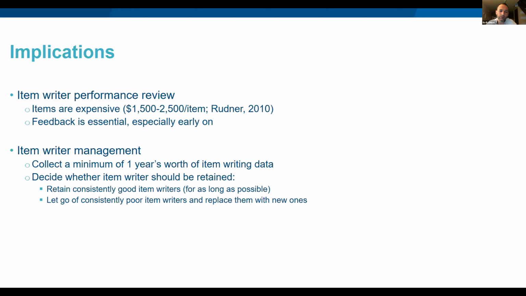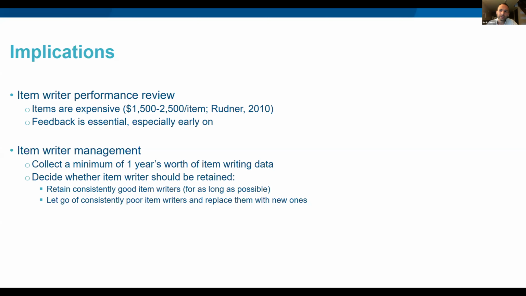So in terms of item writer management, we recommend collecting a minimum of 1 year worth of item writing data, item writer performance data, and then making a decision whether to retain a given item writer. Generally, we recommend retaining consistently good item writers, so they consistently produced items that met statistical criteria, screening criteria, that are decent discrimination, good range of difficulty, all those good things we like to see in good quality items.